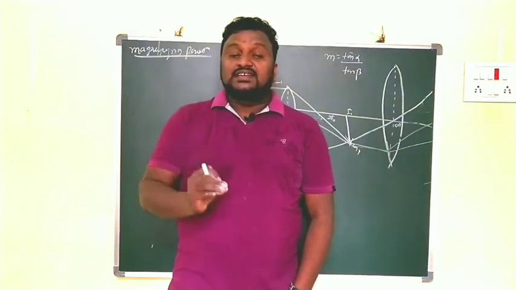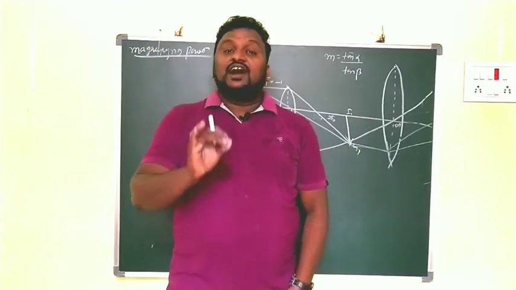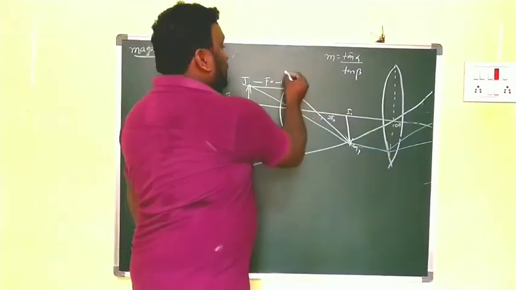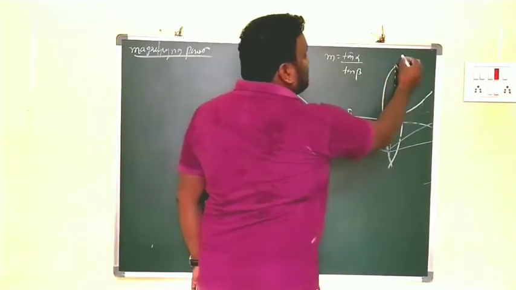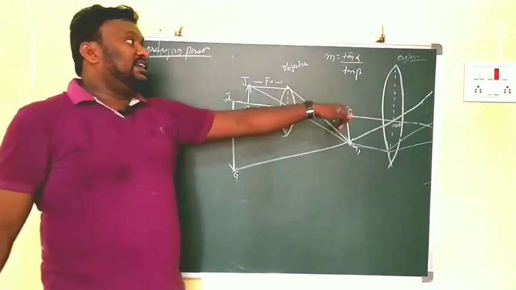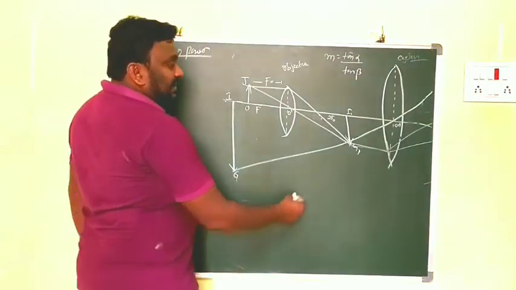The angle subtended by the final image at the optic center of the eye lens. This is the objective lens, and that is the eye lens. So now alpha is this one.